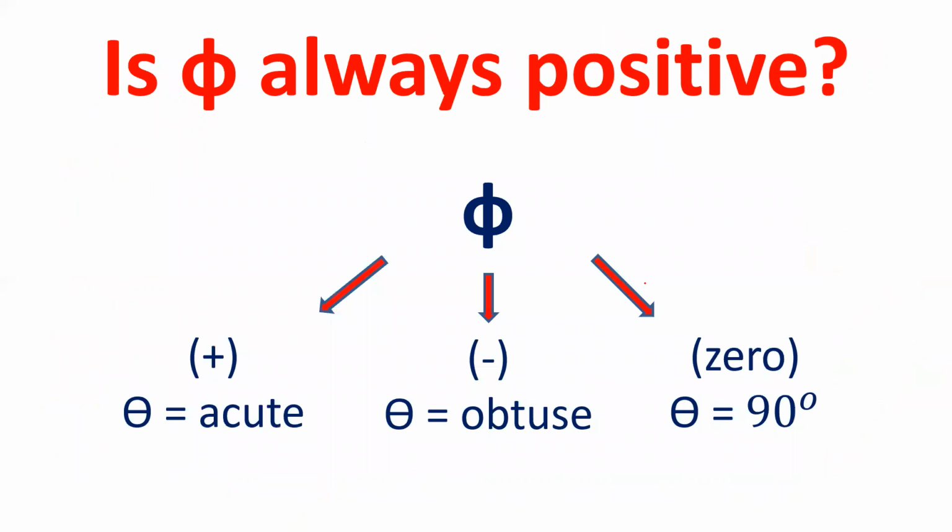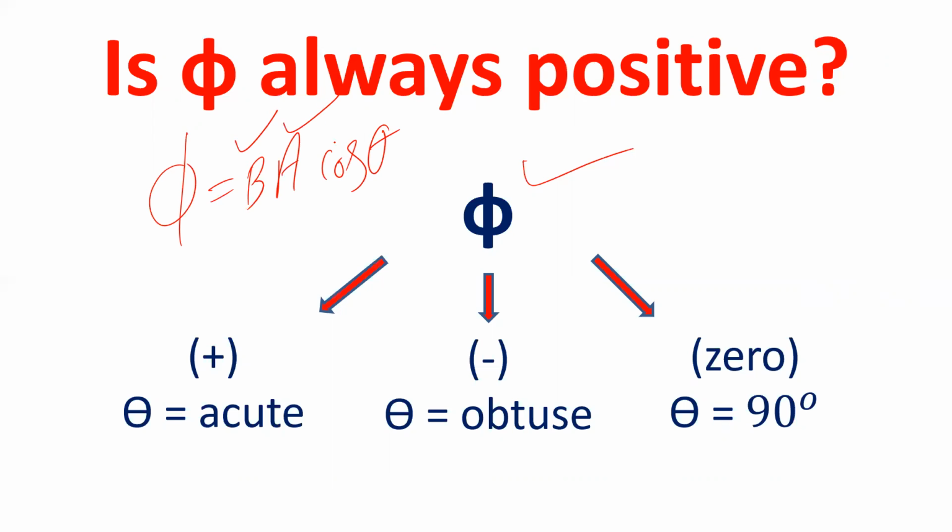Is phi always positive? It is like that, it's a scalar quantity, so it will be positive always? No, it's not like that. If you go to the basic formula, it's BA cos theta. The magnitude of B is always positive. The magnitude of area is always positive. But cos theta will not always be positive.